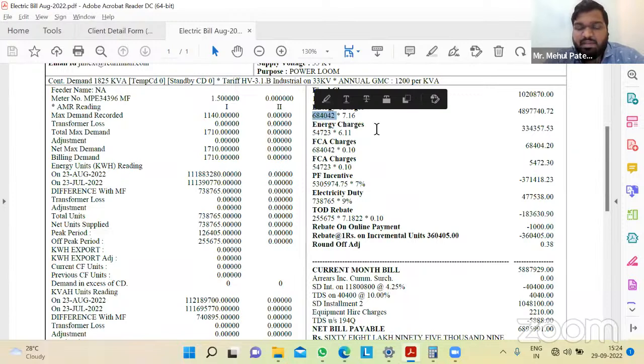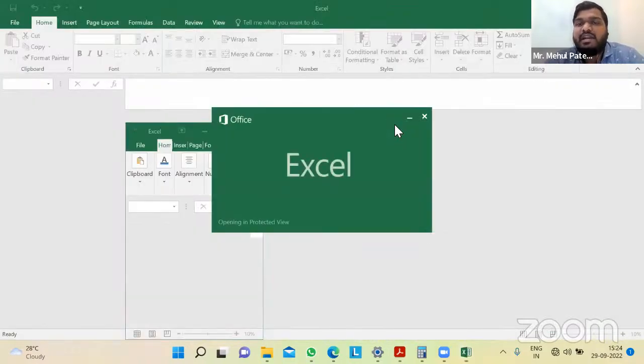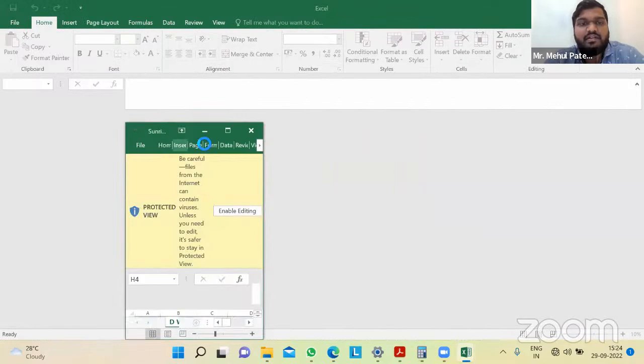I have made a small Excel. Basically, you need to put the entry, and then you will get the total electricity capacity estimated. So I'll open that Excel for you and display it so that you can understand it in a better way.